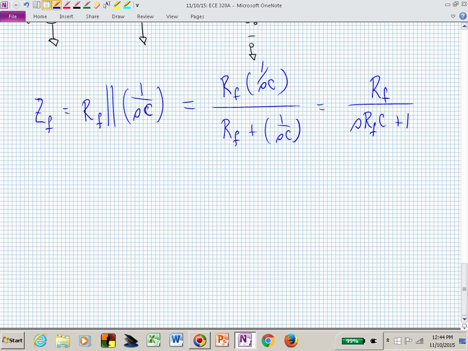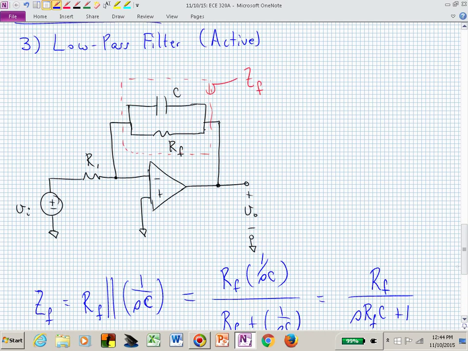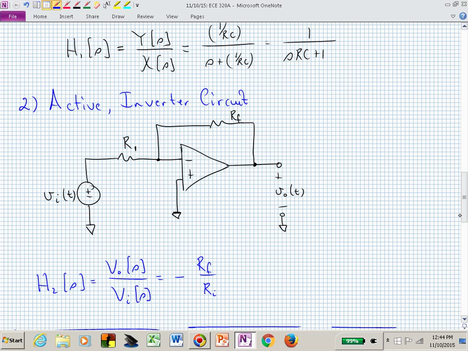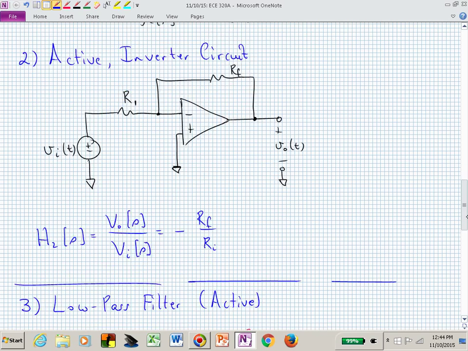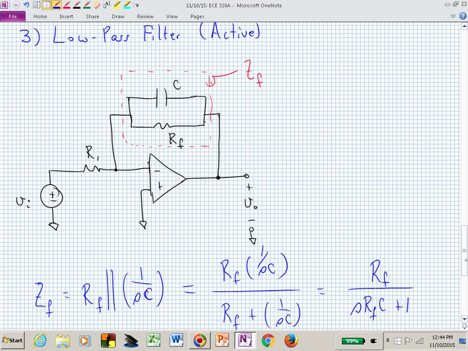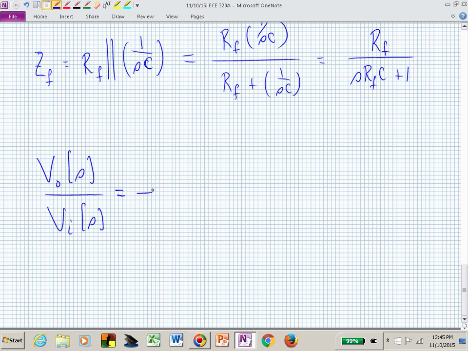But now we can say that this ratio of the output to the input, structurally, I hope you can see that this configuration looks just like that, except that the R sub F now has been generalized to Z sub F. And you derived last time, or we derived, that that's just the negative of the feedback impedance over R sub 1, or the input resistance.